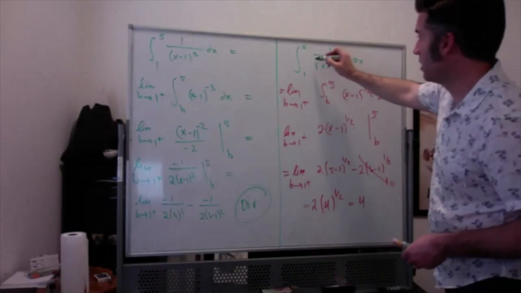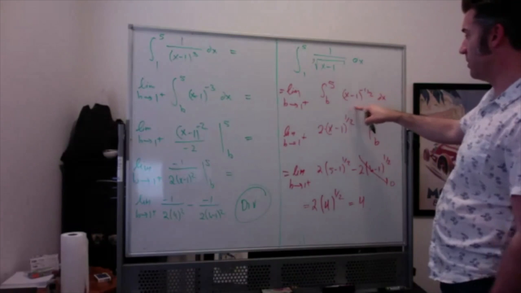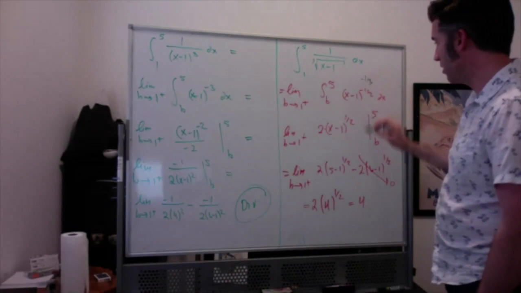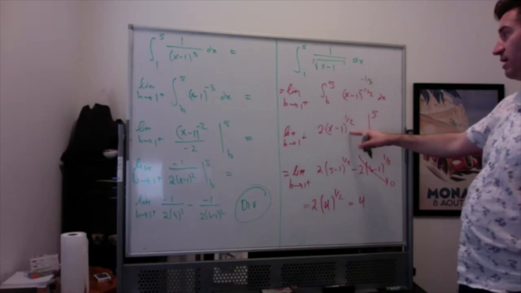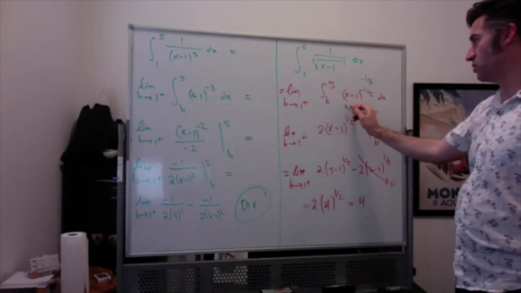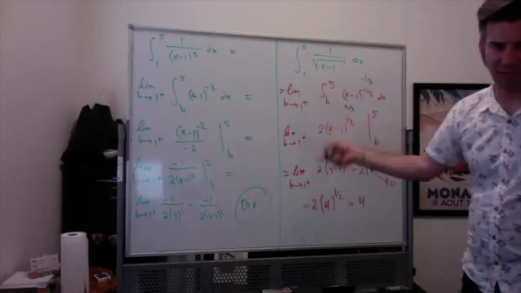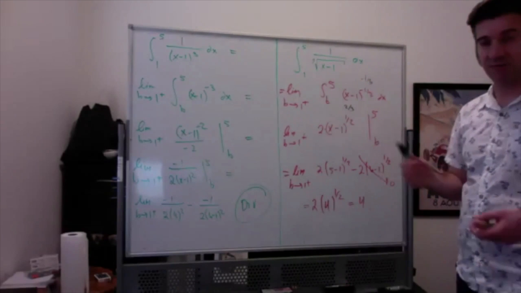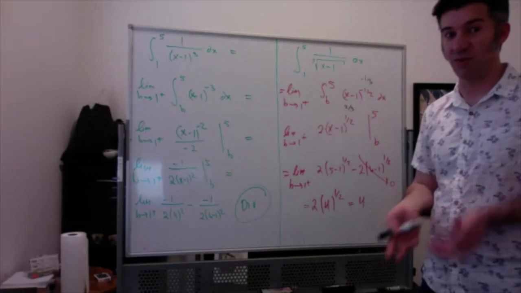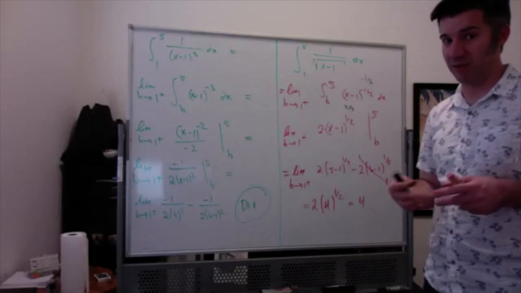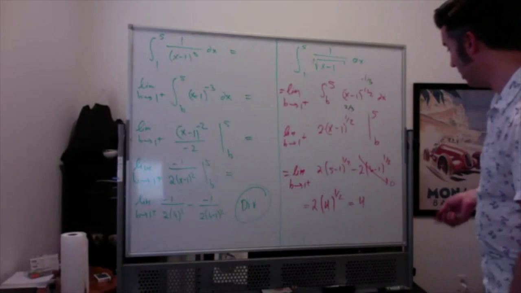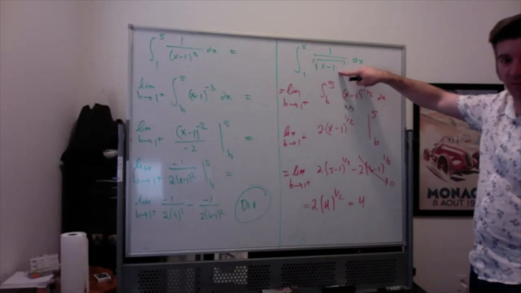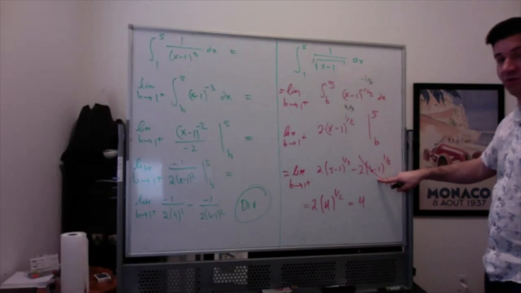If instead this was the cube root, and this was (x minus 1) to the negative 1/3, when I anti-differentiate that, I would be getting (x minus 1) to the positive 2/3, times some number out in front here. But the point is that if this power here is between 0 and 1, when you anti-differentiate, it becomes bigger than 0. And so then the 0 that you were dividing by becomes a 0 that you're no longer dividing by.